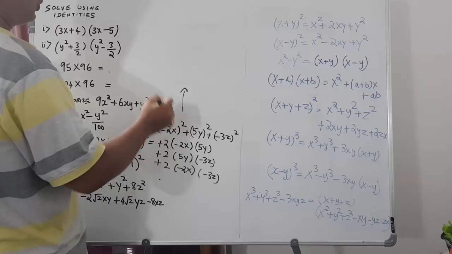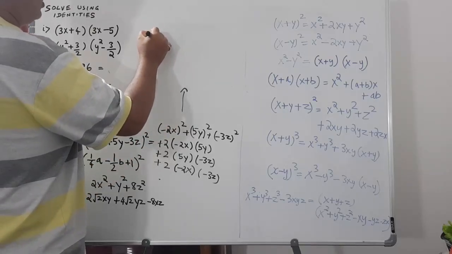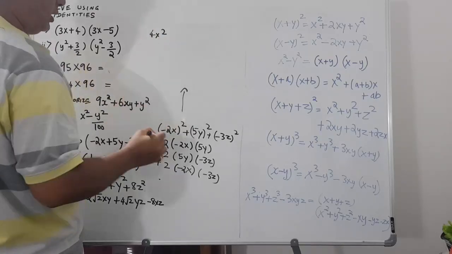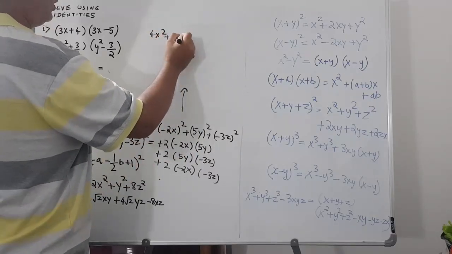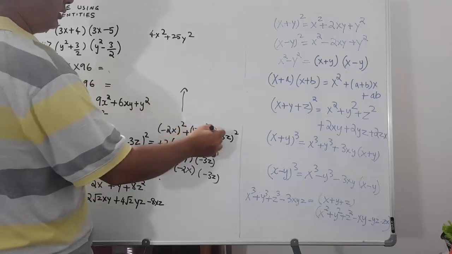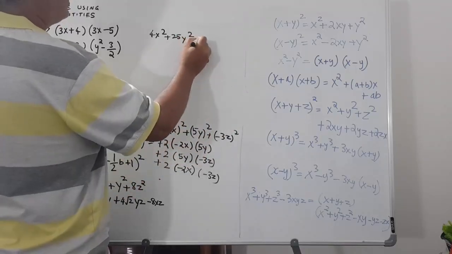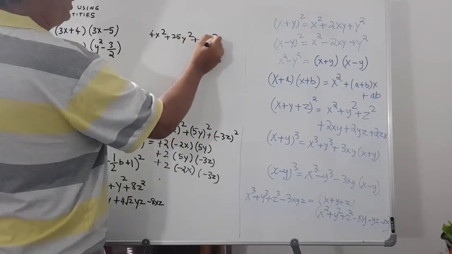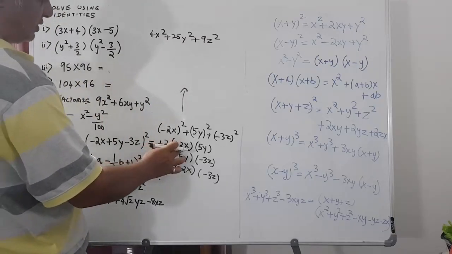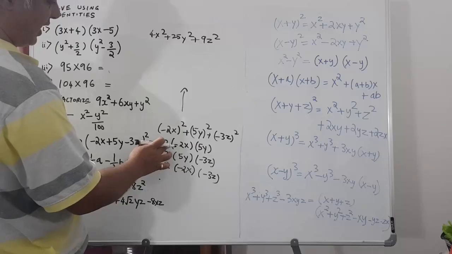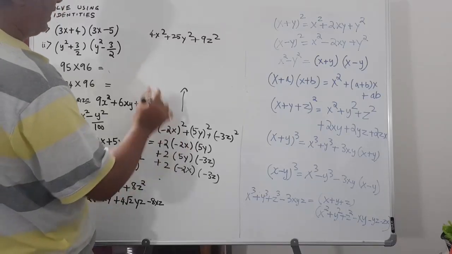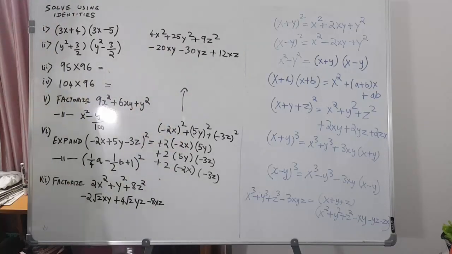So minus 2 squared will give us 4x squared, and 5y squared will give us 25y squared, minus 3z whole squared will give us 9z squared. 2 times 5 is 10, minus sign is there, so minus 10, then again 2 times, so that is minus 20xy. This is the expanded form.